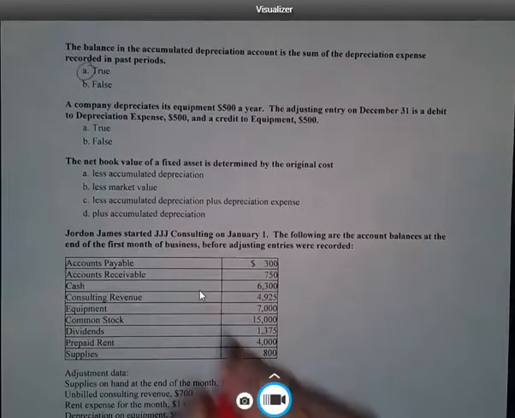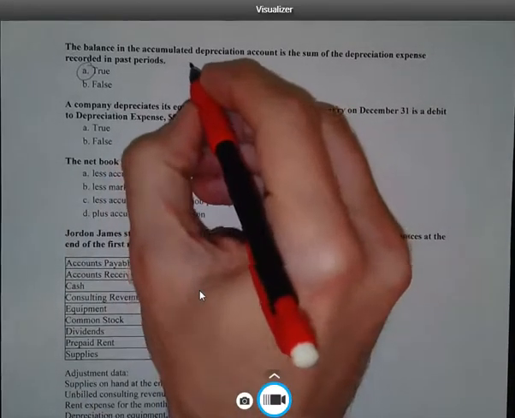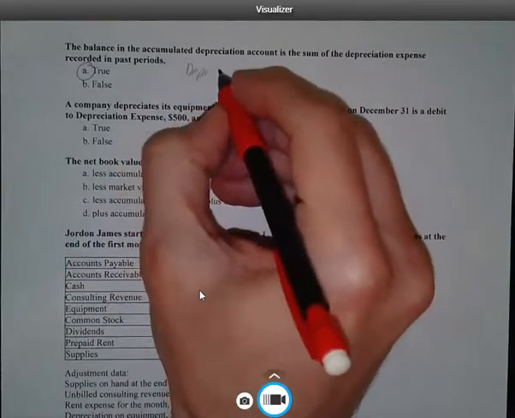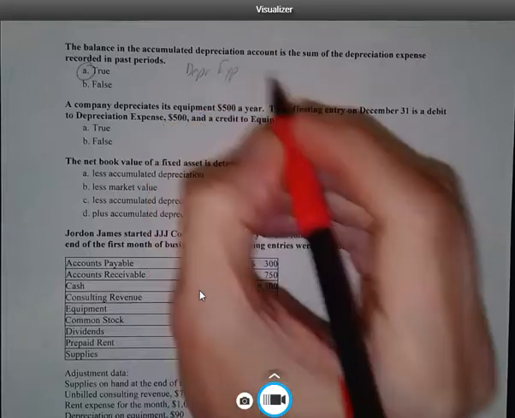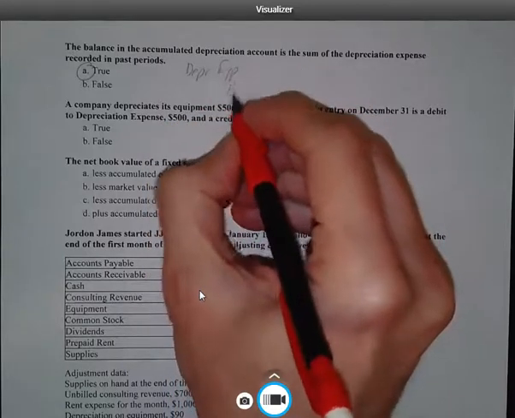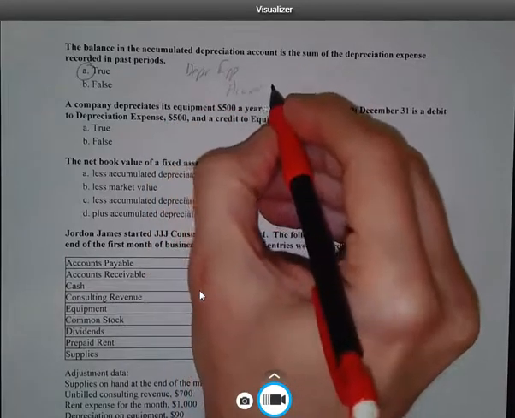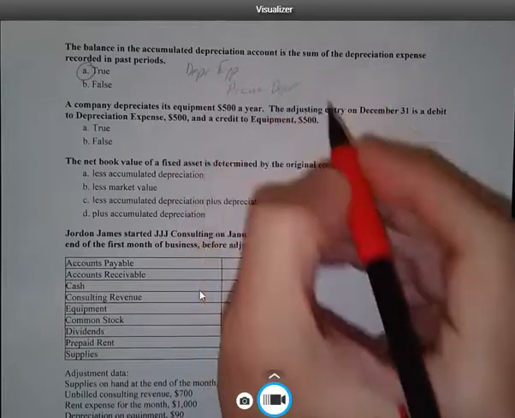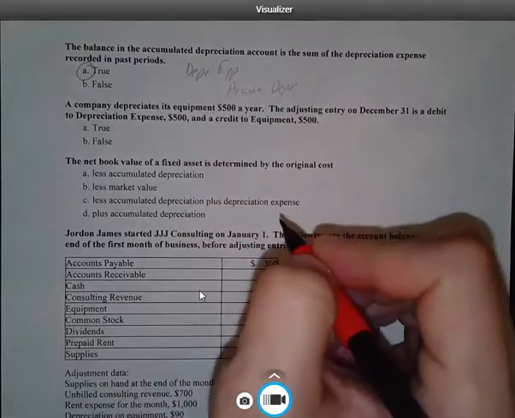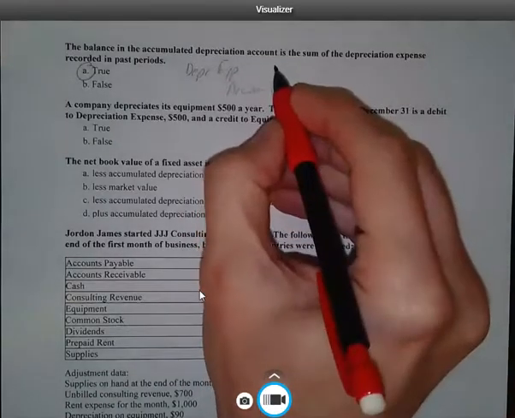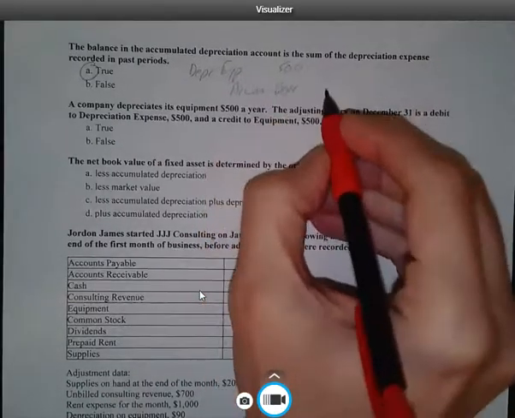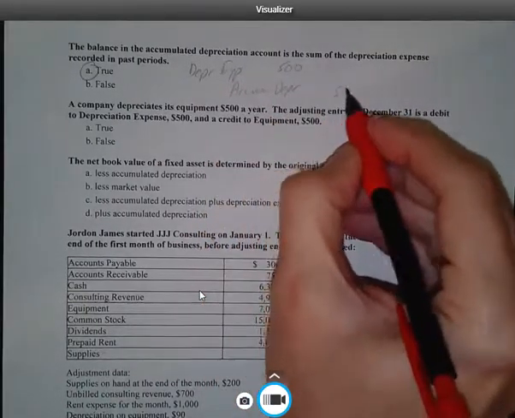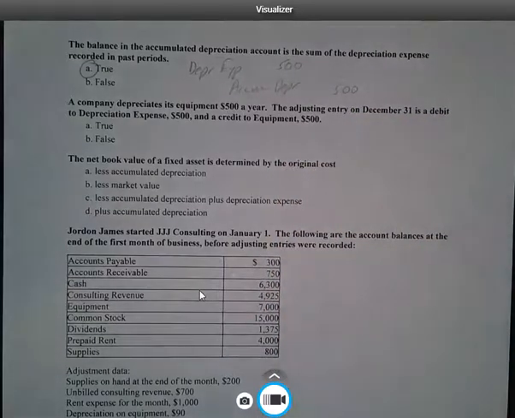So if we think about a journal entry, we would record depreciation expense, and then essentially our credit would be accumulated depreciation. So let's say that we have depreciation expense for $500 on something. This would be our journal entry.